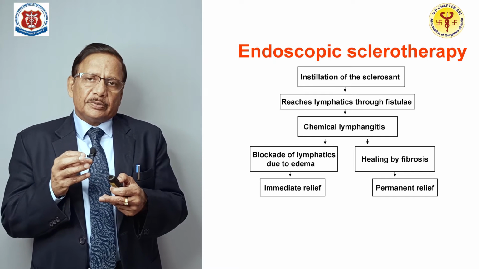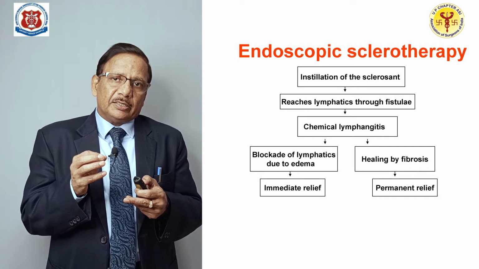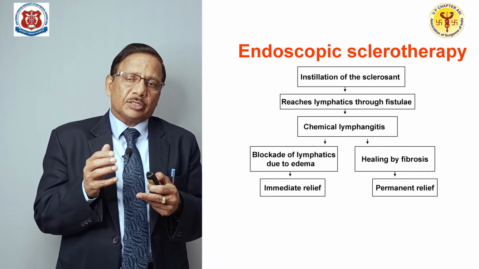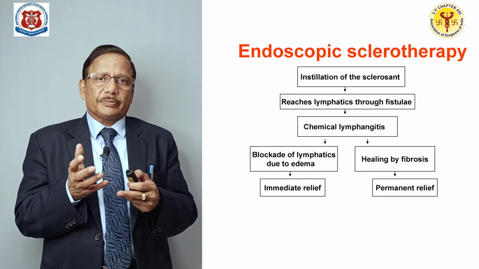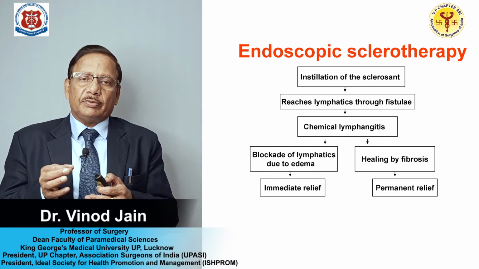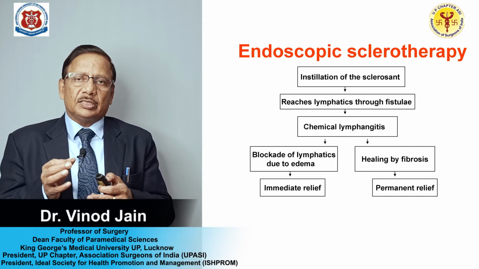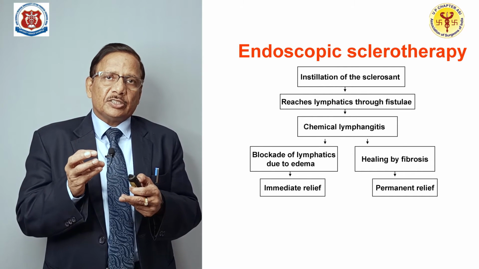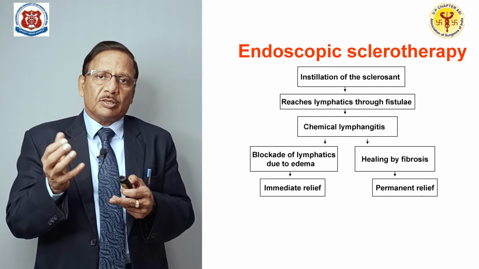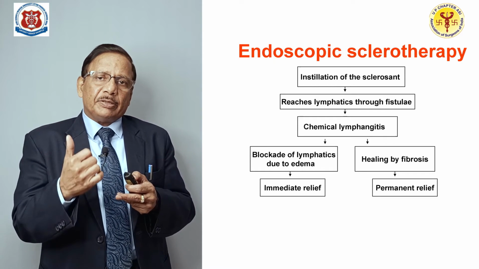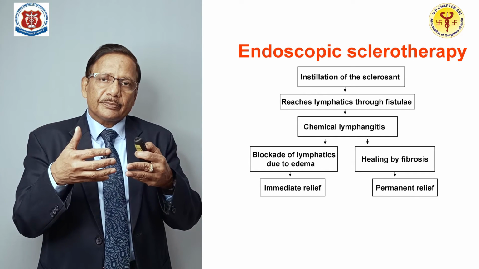In this chart, I have explained how this sclerosing agent works. If you see on the top, as soon as you have instilled the sclerosant, it reaches the lymphatics through the fistulae, because why is chyle coming into the urine? Through the fistulous tract.